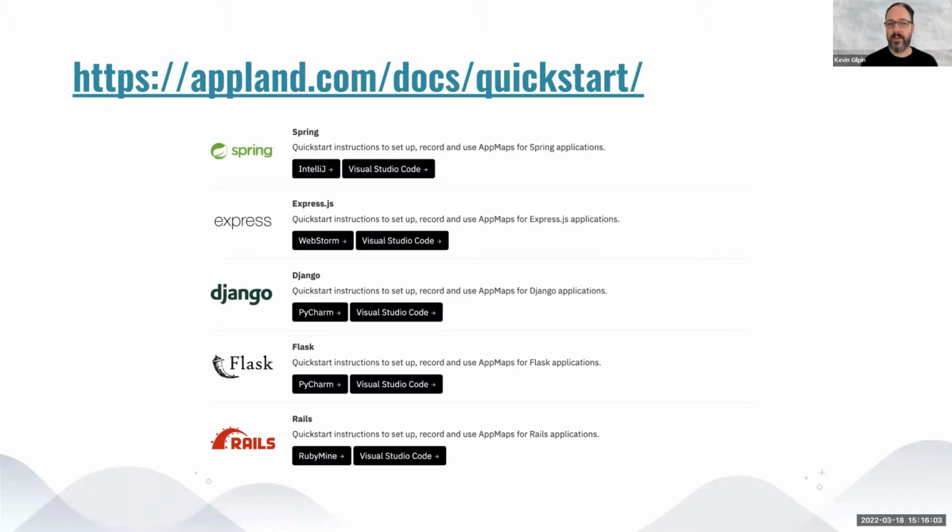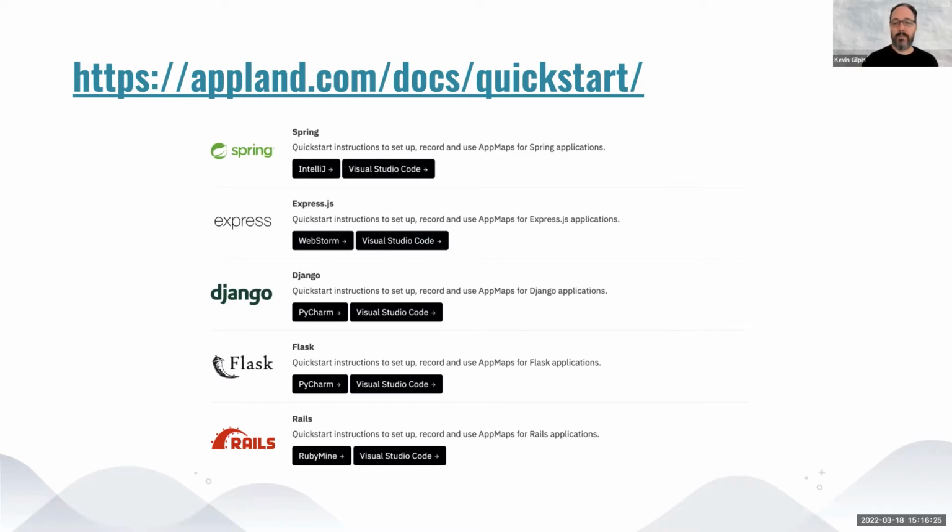AppMap's not something you're really going to use to analyze your mobile app or your video game code or whatever, or even right now your JS front end. But that's enabled us to focus specifically on these backend frameworks that are the most powerful web frameworks.